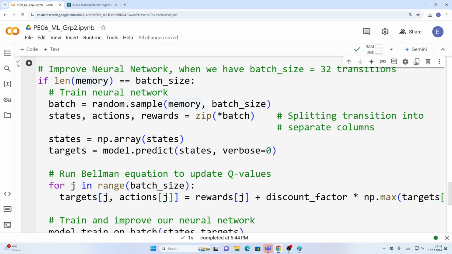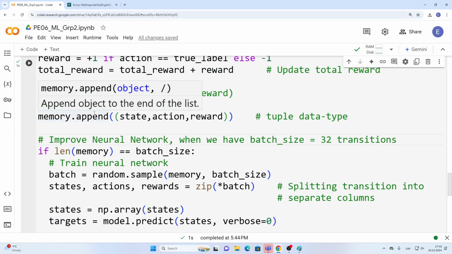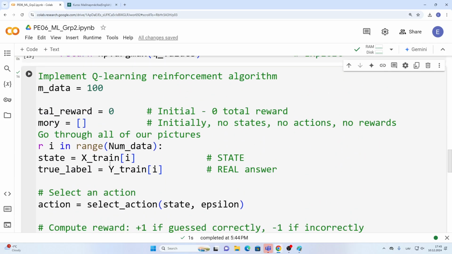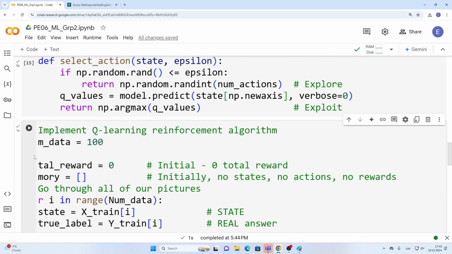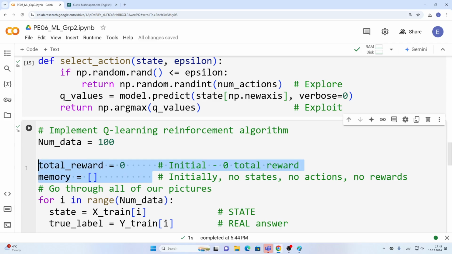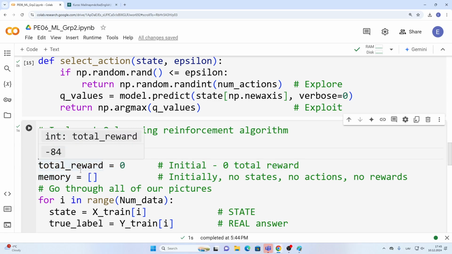So our next step would be to say that I want to have everything of this, what we have so far in this block. Yes? Well, except maybe number of data, yes, and memory.